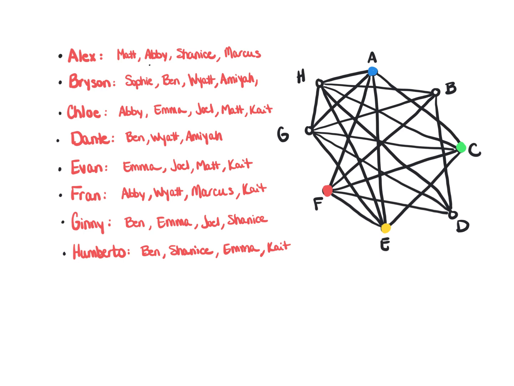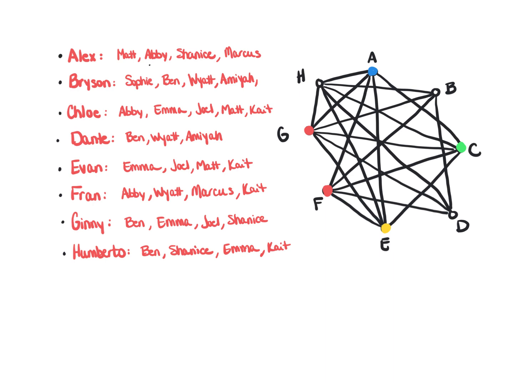Now, when I go over to vertex G, I do notice that G is adjacent to A, so it can't be blue. But right away, I notice that G and F are not adjacent to each other. And so I notice that I can go ahead and color G red, not introducing a new color into the mix.